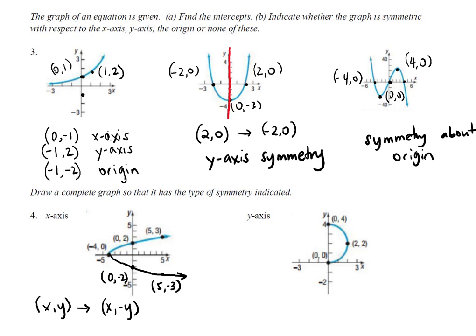Now y-axis symmetry says if I have the point xy on the graph, then I'm looking for -x y. So I'm looking for the point opposite the 2, 2, which would be negative 2, 2. And so I'm looking for that.